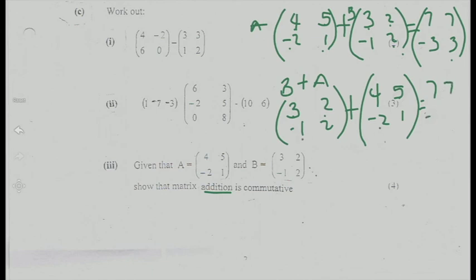Negative 1 plus negative 2 is negative 3. 2 plus 1 gives us a 3. So both answers are the same. What this shows is that addition of matrices is commutative. We started with A plus B and then B plus A.